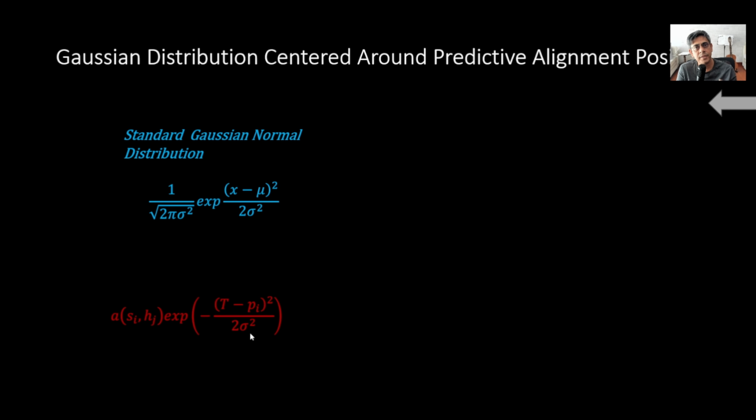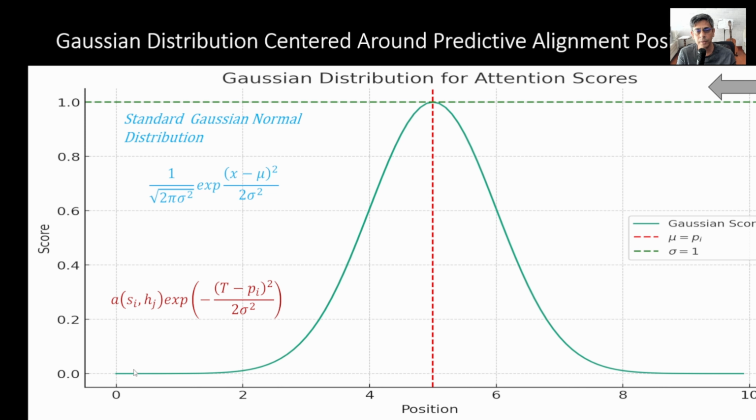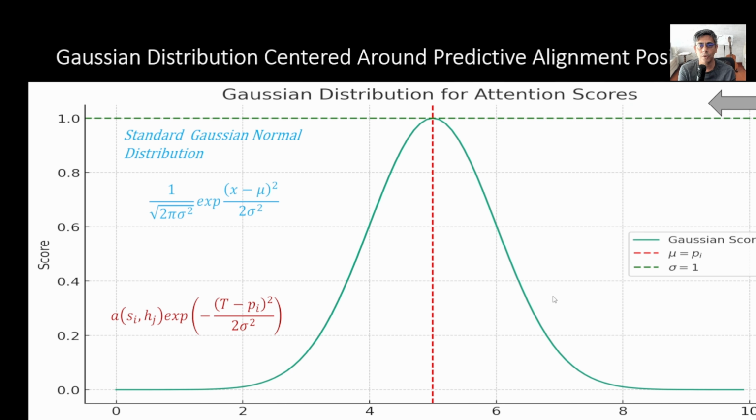Sigma is related to the distance from the mu position, and we know that d is our hyperparameter. We define how large a window size we want to take. So that's how this formula gives the attention score a bell-curve-like shape. It may not show such a nice bell curve, but nevertheless it will follow these characteristics, where the maximum weightage will be at the current pi position. Mu will be pi. Okay, so that's all about the Gaussian distribution.